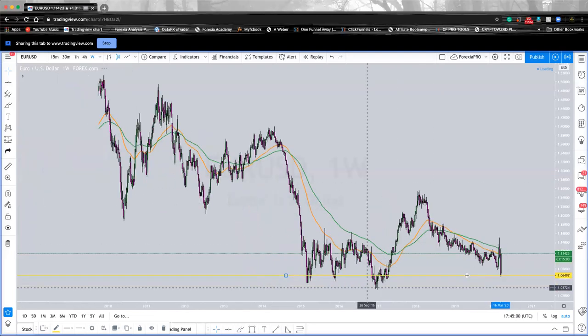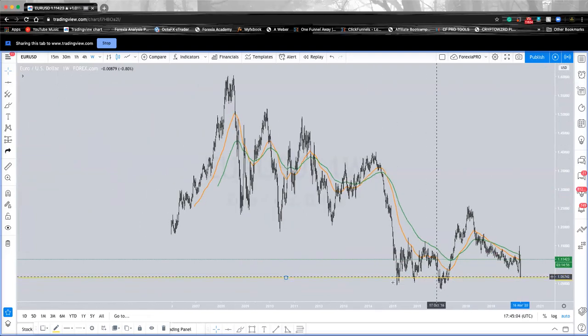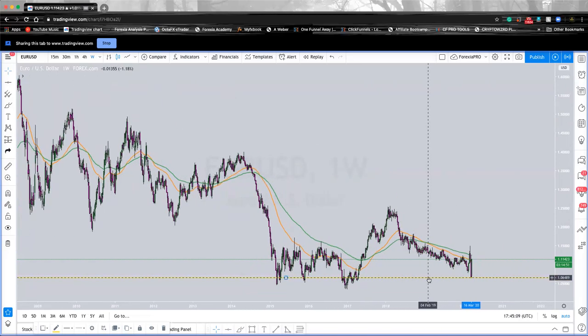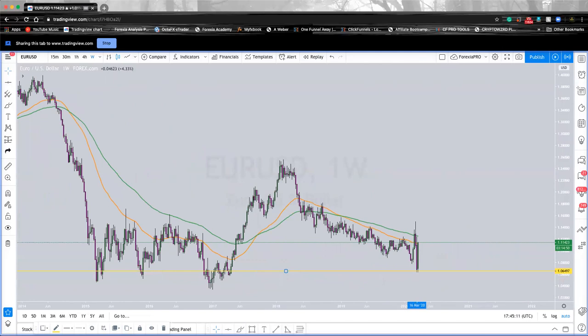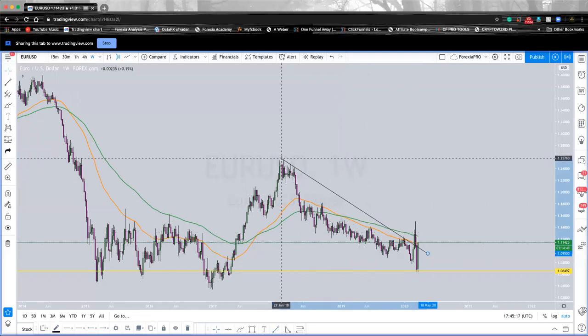So this zone I wanted to show you, I'm seeing here, has worked before. So yeah, there is a very possible chance that price comes back down. And if you take a look at this, that makes sense. And this also makes sense.